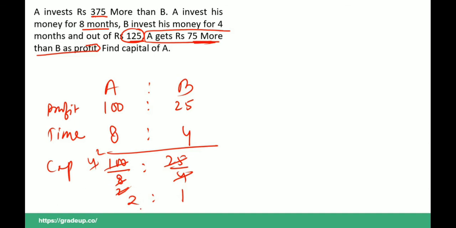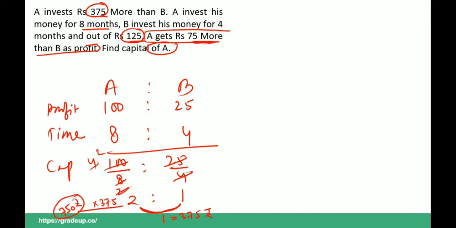And A is getting 1 unit more than B. That means A is investing 1 unit more than B. In this question, A is investing 375 rupees more than B. Then we have to find the capital of A. 1 unit is equal to 375. Then this will equal 2 5s are 10, 2 7s are 14, 2 3s are 6, and this is 750 rupees. So 750 rupees is the capital of A.